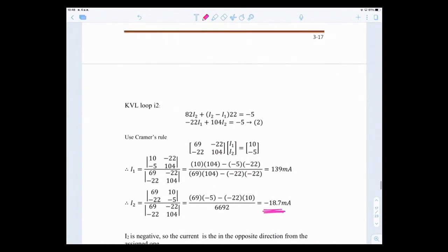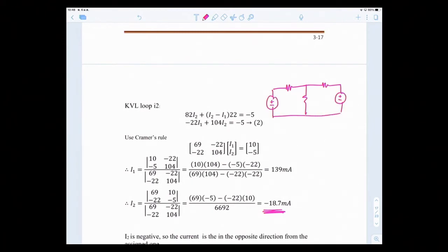So therefore, if you actually constructed these problems, your I1 would be 139 milliamps, going like this.